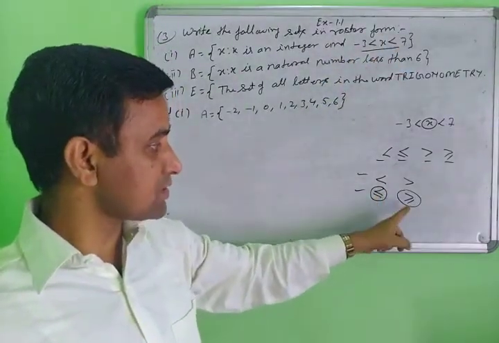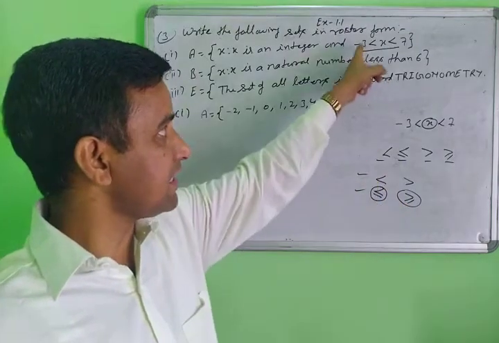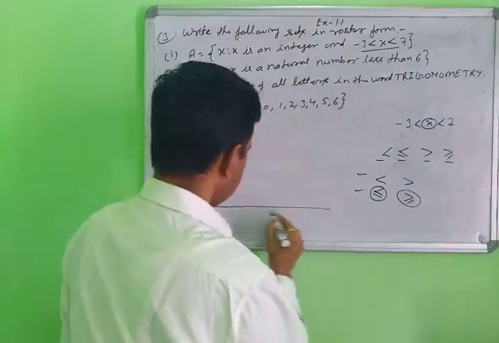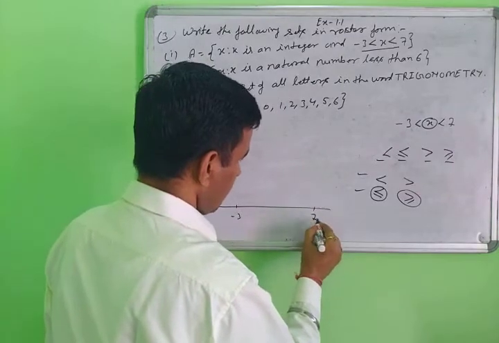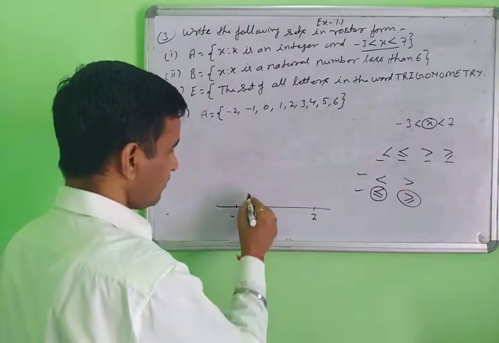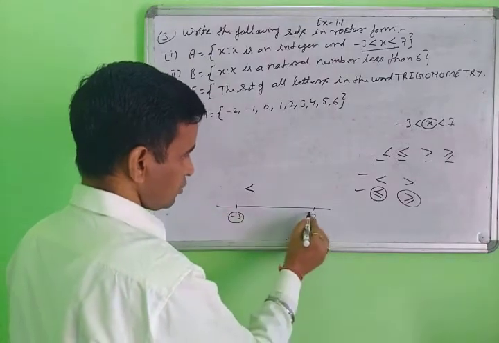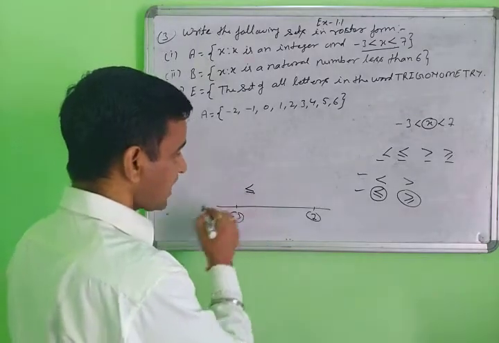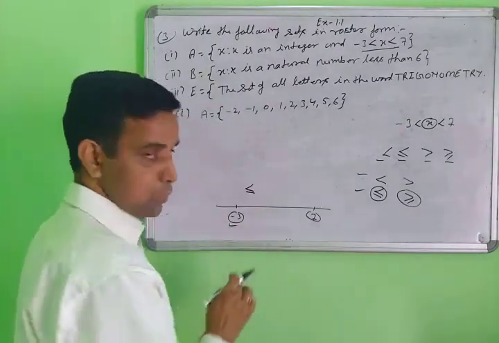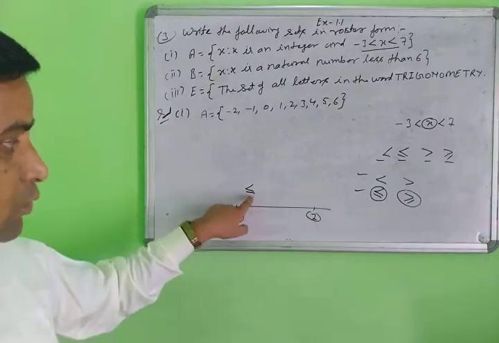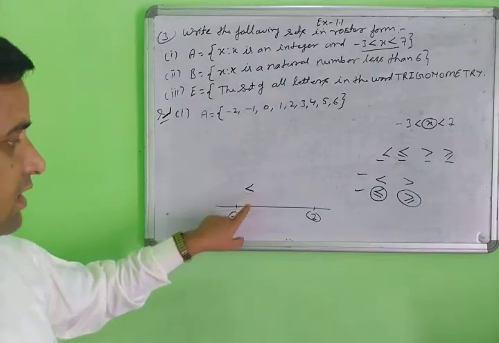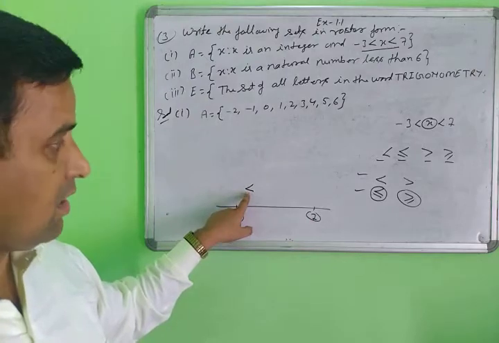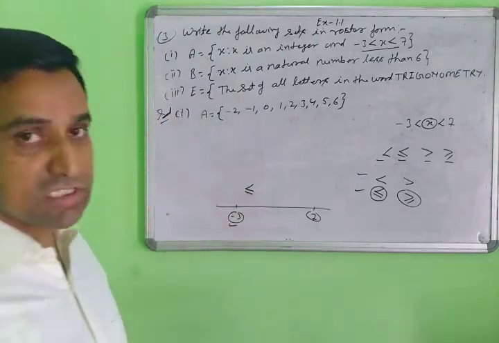Suppose there is no equal sign, only less than, then the ending limits, here minus 3 and here 7, will not be used. You use only the integers between them. If you use the equal sign, these two limits are also used. If the equal sign is removed, the ending limits are not used because it is only an open interval. Including the sign means this is a closed interval.